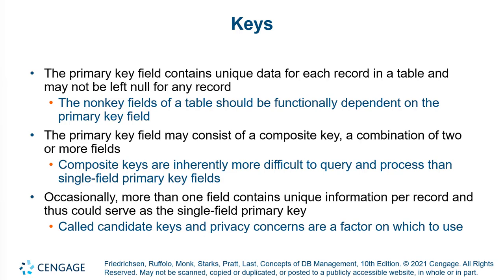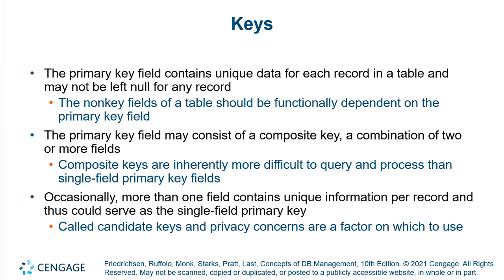If those together uniquely identify a student, then we can use that as a primary key, but it is now a composite key because it's two different fields, two different attributes. And so, if we have that, now we have two different things that we could use as the primary key. We have the student ID, and we have the composite key, the student's first name and last name.